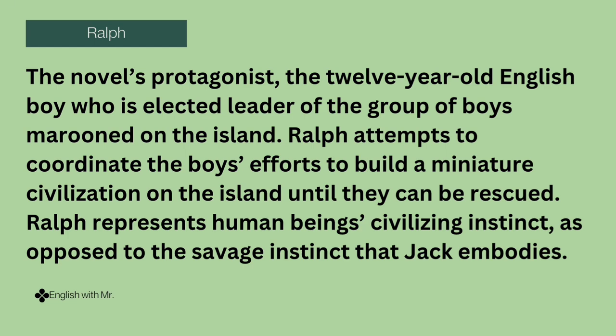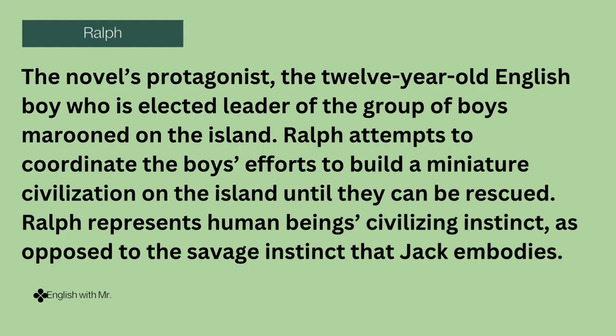But you know, these are the applied characteristic features of a Platonic figure: wise, a thinker, and he is a leader. He is coordinating the boys' efforts to build a miniature civilization on the island till they are rescued. Ralph represents a human civilizing instinct as opposed to the savage instinct that Jack embodies.